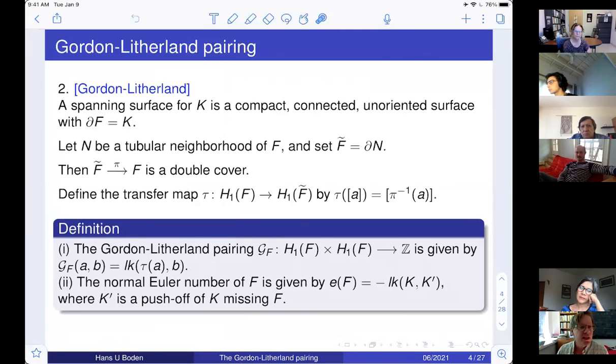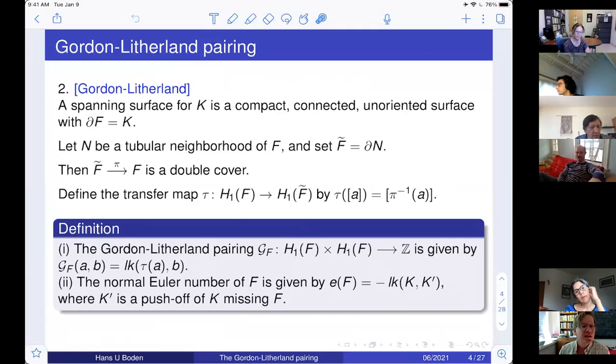So Gordon and Litherland made some really outstanding contributions to the theory of signatures. In 1978, a very influential paper where they showed how you could compute the signatures from a possibly non-orientable spanning surface.